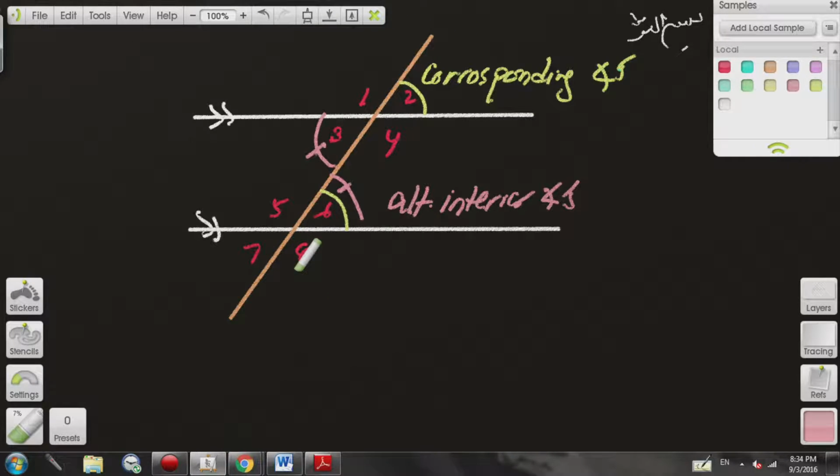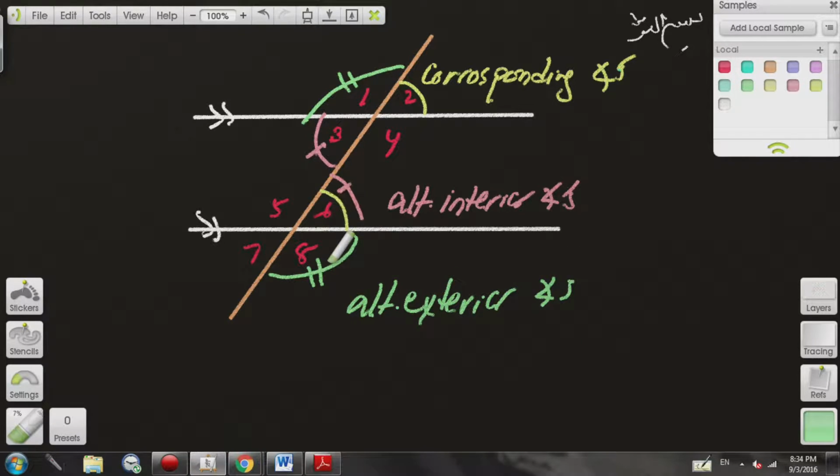So 1, 2, 7, 8 are exterior angles. 3, 4, 5, 6 are interior. 3 and 6 are alternate interior. 4 and 5 are alternate interior. 1 and 8 are alternate exterior angles. 2 and 7 are alternate exterior angles. 3 and 6 are alternate interior. And 4 and 5 are alternate interior angles.